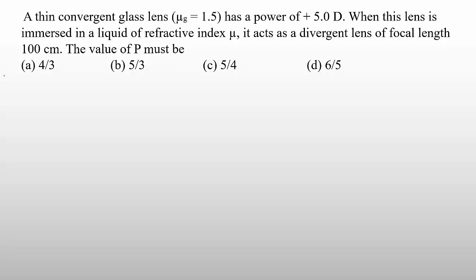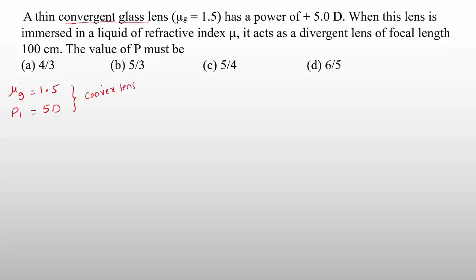In the first case, the convergent lens, also called a convex lens, has refractive index mu g equal to 1.5. And the power is given, let us take it as P1 is 5 diopter. So this is related to the convergent glass lens, that means convex lens.